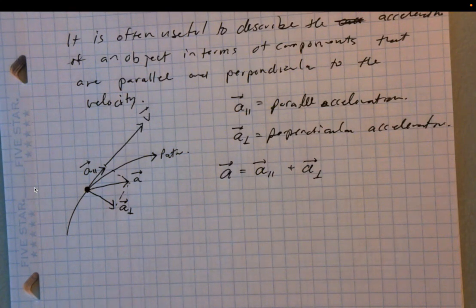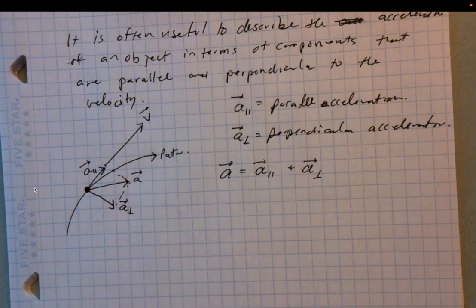So the takeaway idea here is that some of the acceleration is in the direction of the velocity, and some of the acceleration is in the direction normal to velocity, meaning perpendicular to velocity. Now, in some cases, all of the acceleration is in the direction of velocity, and in some cases, none of the acceleration is in the direction of velocity.